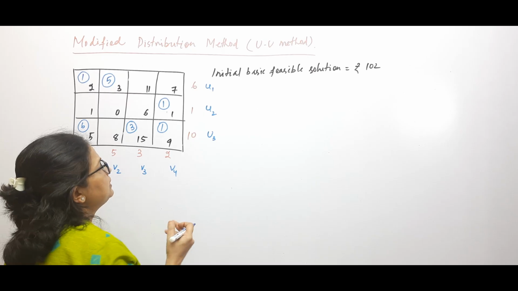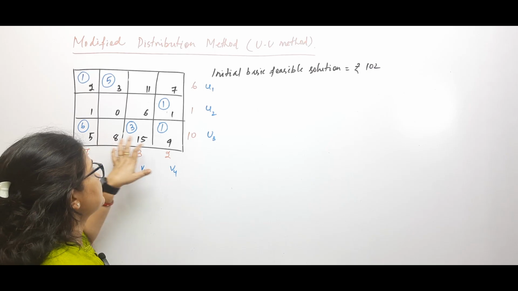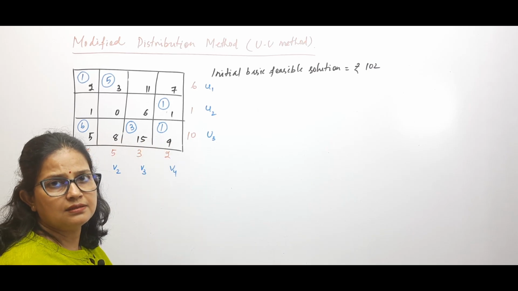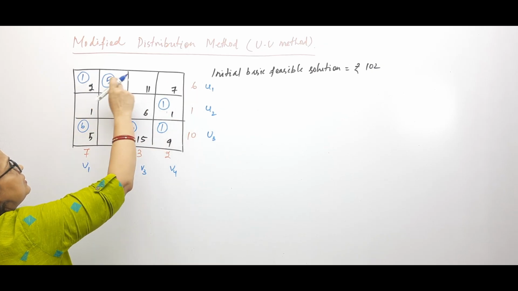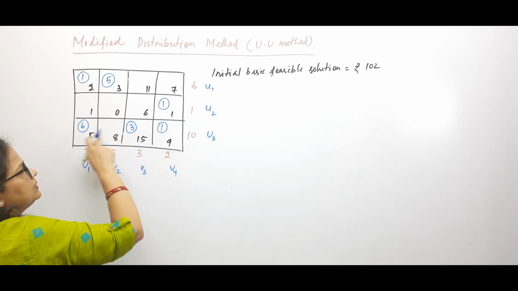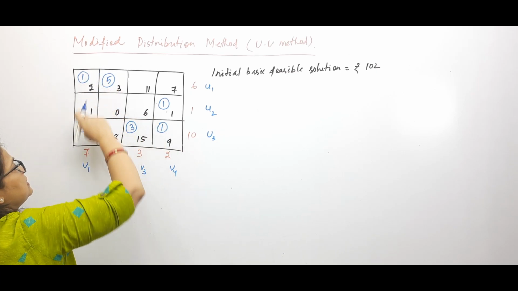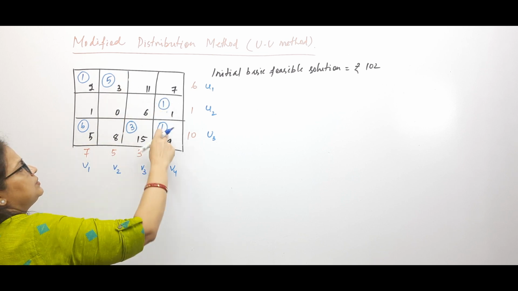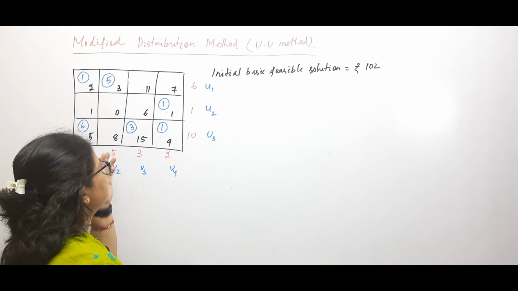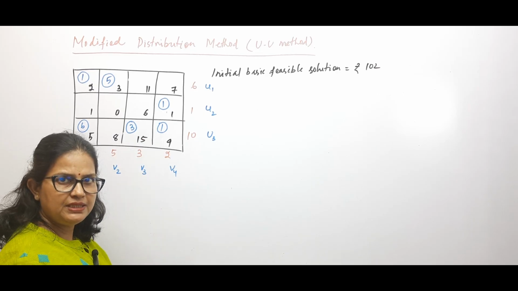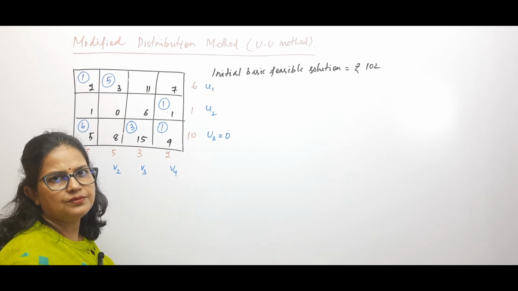What do we need next? We need to see where the maximum number of allocations are. Here in this row, 2 allocations are there. For this row it is 1, for this it is 3. Column-wise, here 2, here 1, here 1, here 2. So in this case, where the maximum number of allocations are, it's better to take that as 0.